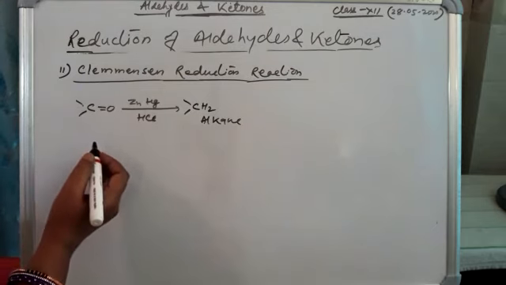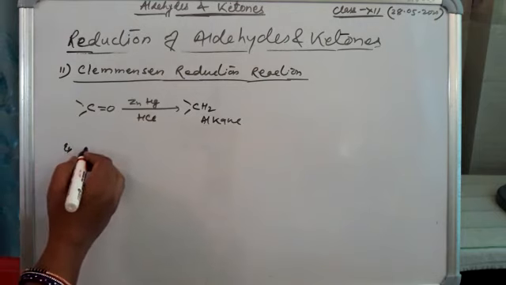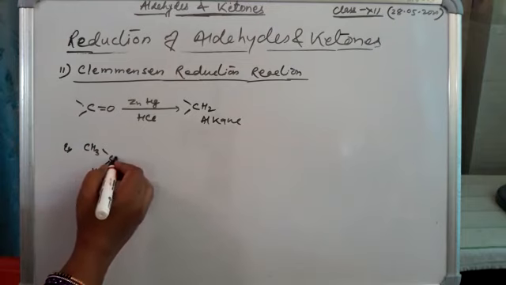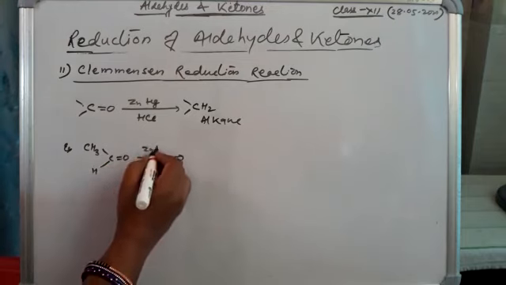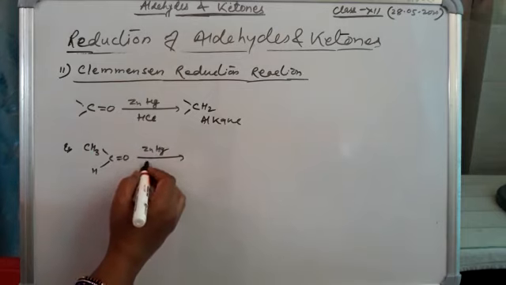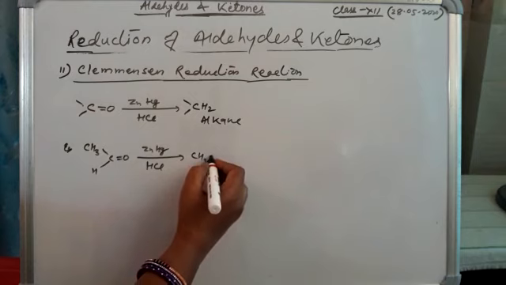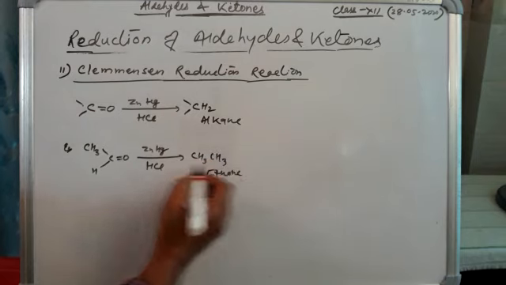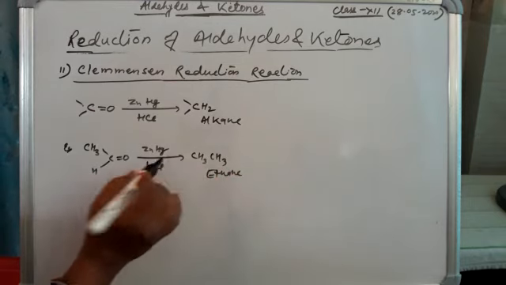What is the mechanism involved? See here, for example, suppose we take an aldehyde and treat it with zinc amalgam in acidic medium, then formation of ethane takes place. So this is the conversion of aldehyde to ethane using this reagent.